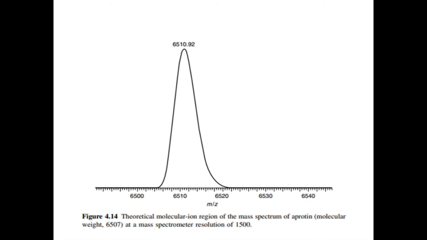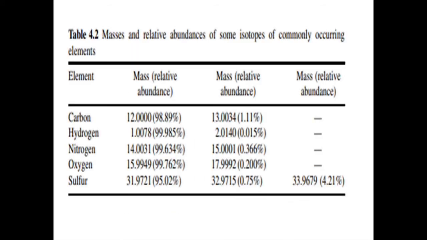This is illustrated in figure 4.13, which shows the molecular ion region of a compound having the molecular formula C35H48N8O11S, determined with a mass spectrometer resolution of 1500. The masses of the isotopes present in this molecule are shown in table 4.2.